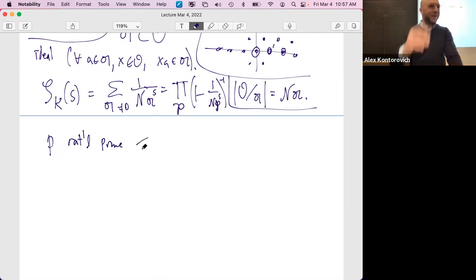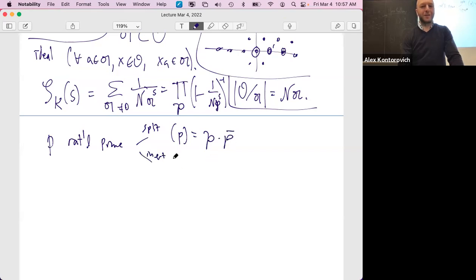It could be ramified, but never mind. The ideal generated by p could split into P times P bar, or it could already be inert, or this could already be a prime ideal. In this case, the norm of P is exactly p.